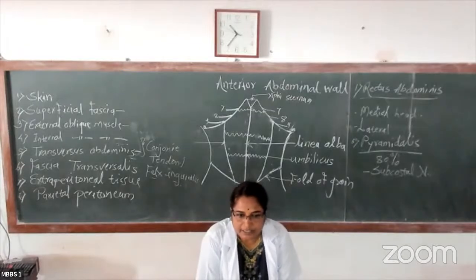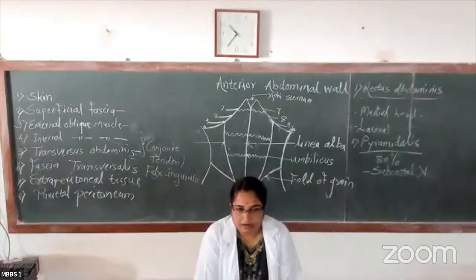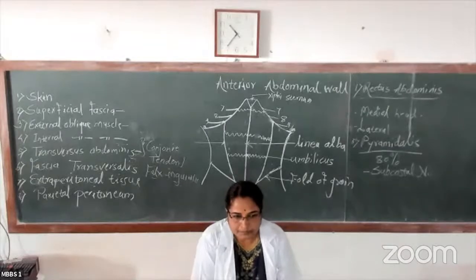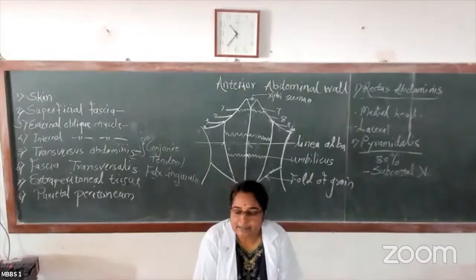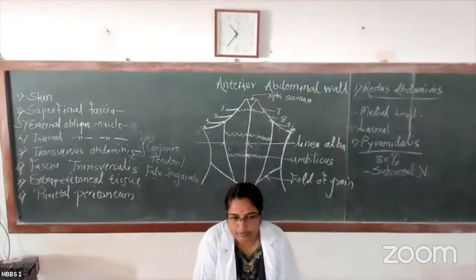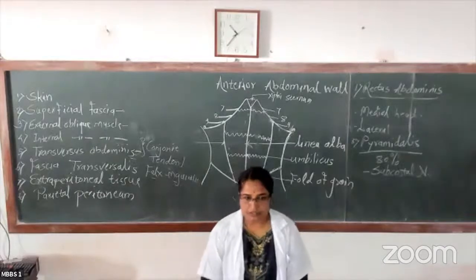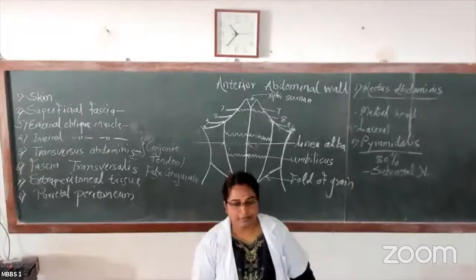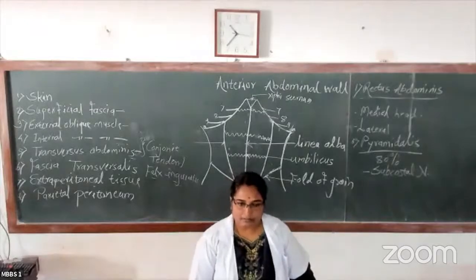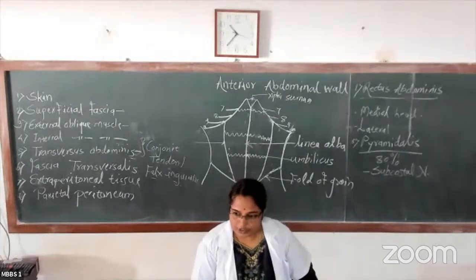Also, they compress the viscera to increase the intra-abdominal pressure, as in the expulsive acts like vomiting, coughing, defecation, micturition, etc. Also in expiration, they compress the abdominal viscera by increasing the intra-abdominal pressure.